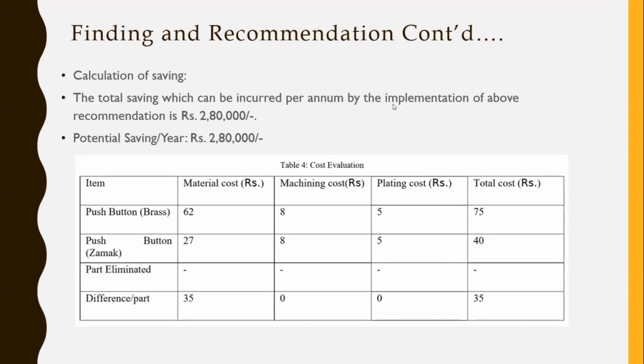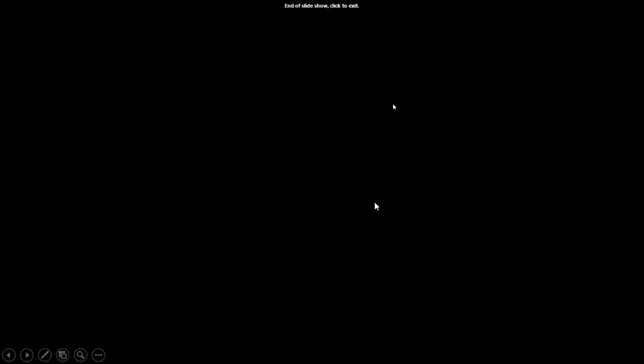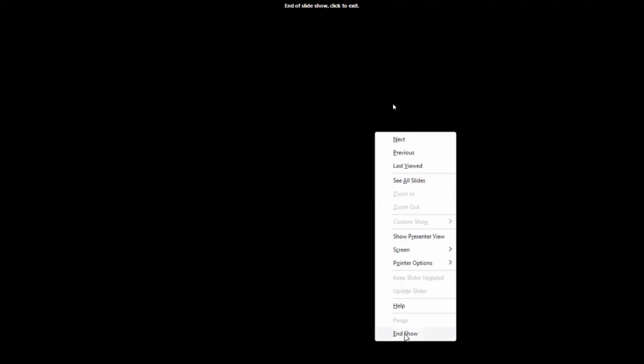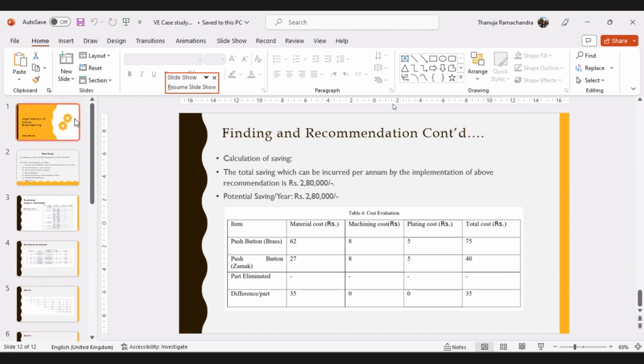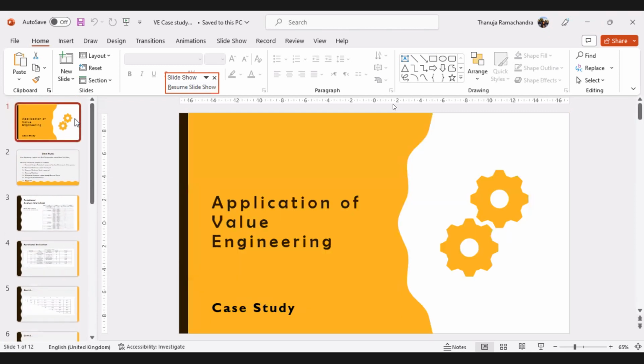Earlier it was 75, now if you go for aluminium alloy, it's just 40, so it comes to 35 as saving. Okay. So a very simple example. If you can understand this example, the entire theory should be clear to you. Is that okay?